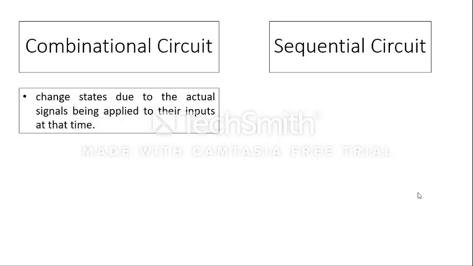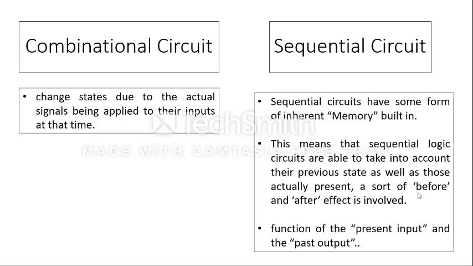You are taking variable a, variable b, and getting output c, and in between you are performing an addition operation. So this circuit is acting as a combinational circuit.